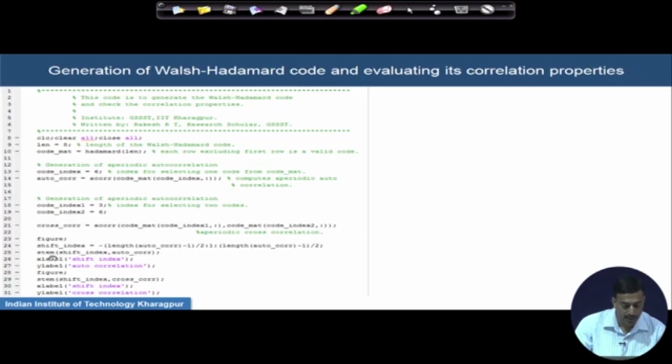And then we use stem, which is a discrete plot of this autocorrelation versus the shift index, which will be on the x-axis. So these commands, from line 25 to 31, are in order to plot the figure.